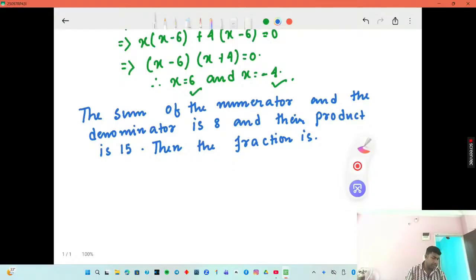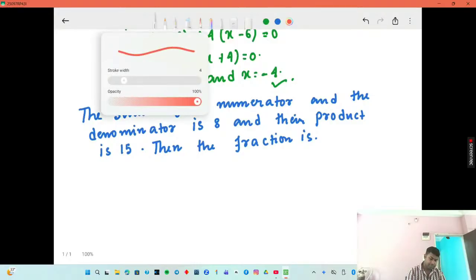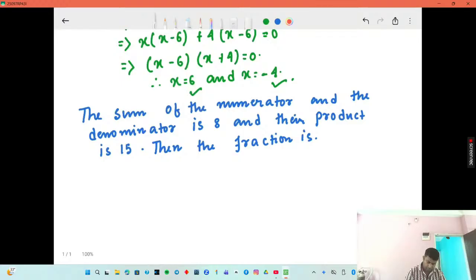So now we have to find what the fraction is. Let the fraction be x by y, because here we have to find the fraction.